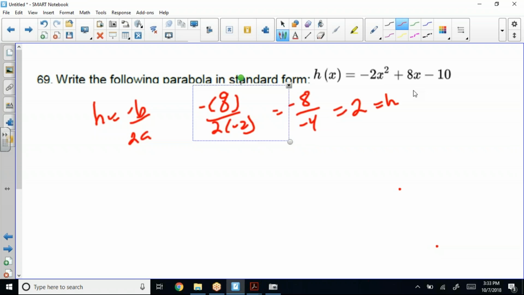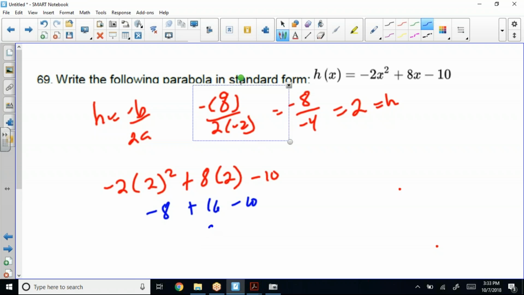You can substitute 2 back into the equation. 2 squared is 4, 4 times 2 is negative 8, plus 16 minus 10. So that's 8 minus 10, which is negative 2.